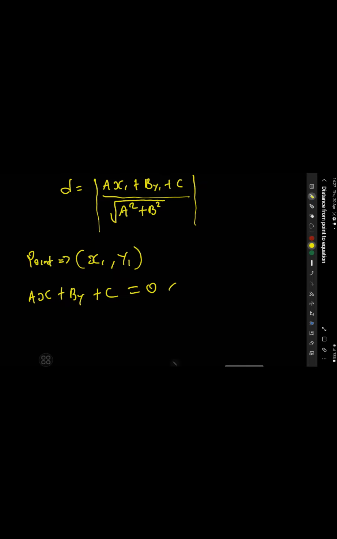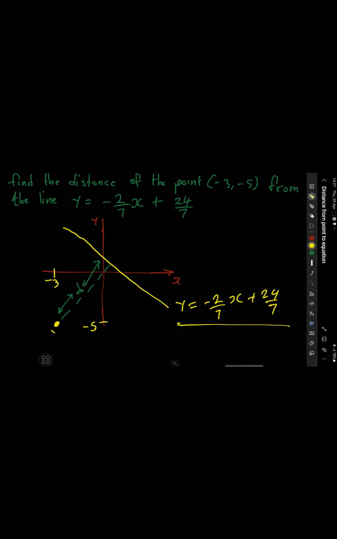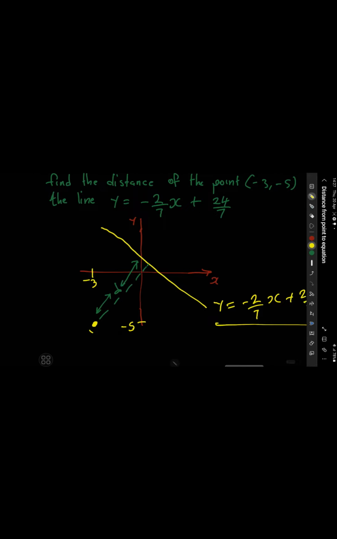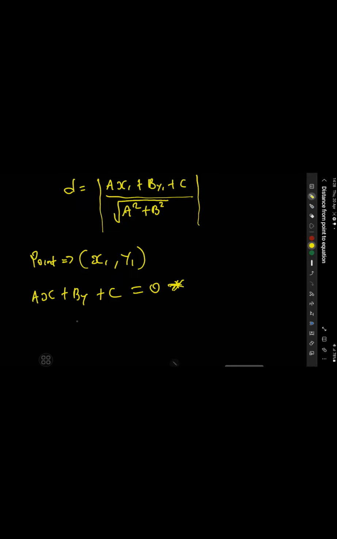So this equation, we need to rewrite it. If you see the way it's written, everything is on the right hand side. So we need to take everything to the left hand side, beginning with x. So if we rewrite that expression, we'll have 2/7 x plus y minus 24/7 is equal to 0.